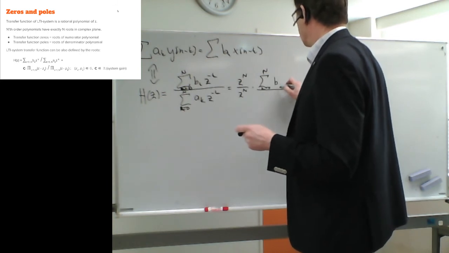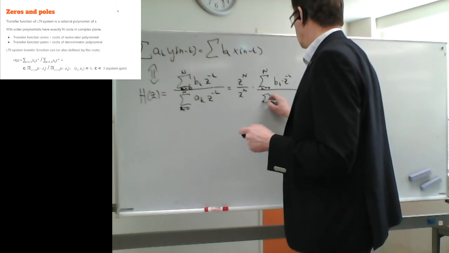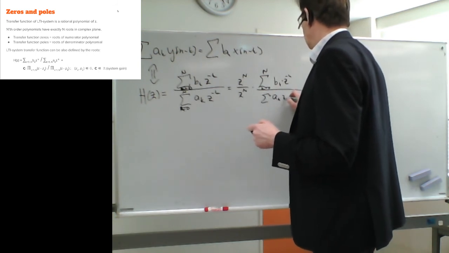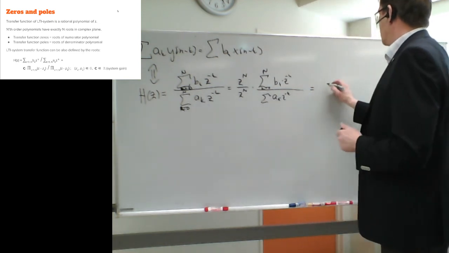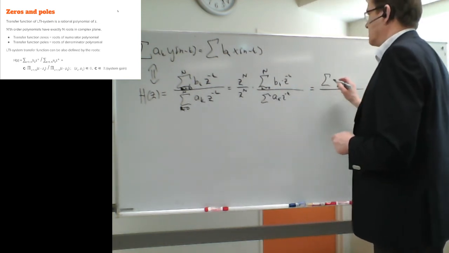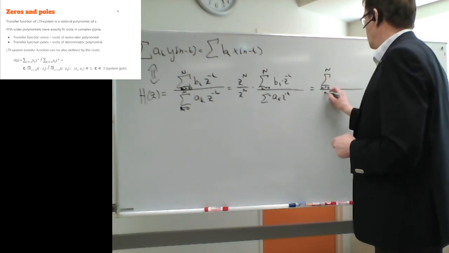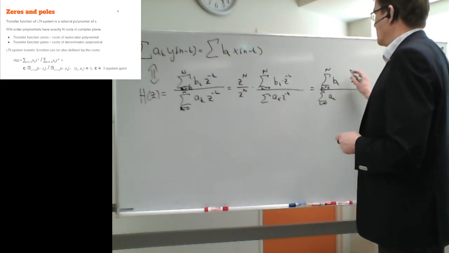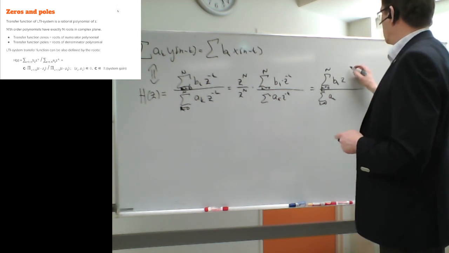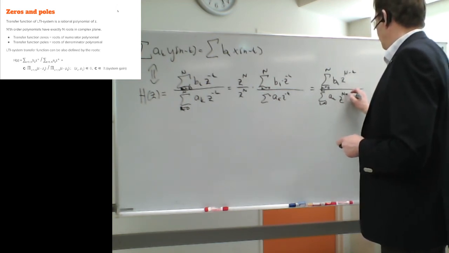So basically this comes b_k, a_k, z to the minus k. When you take those in, you actually have k from 0 to n, a_k, b_k, z to the n minus k on both.